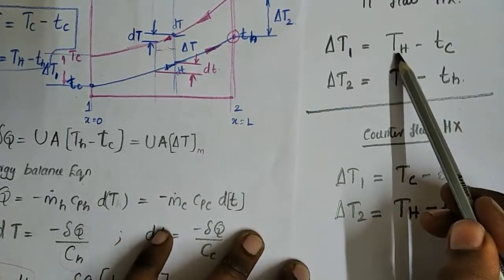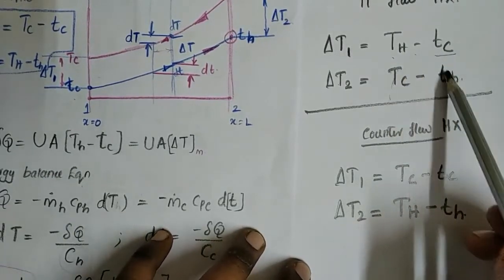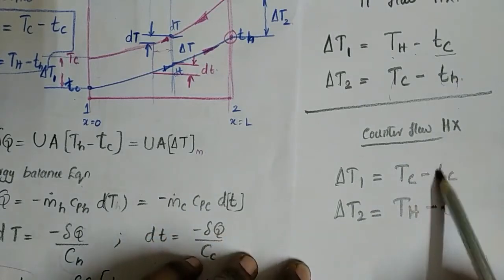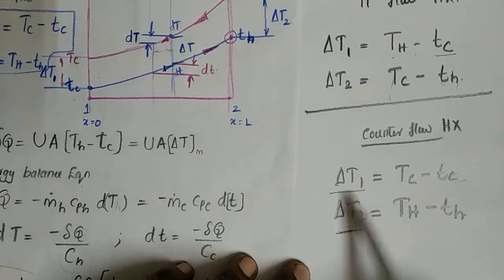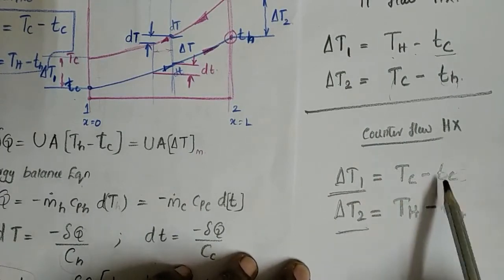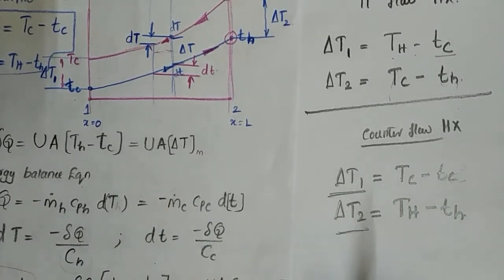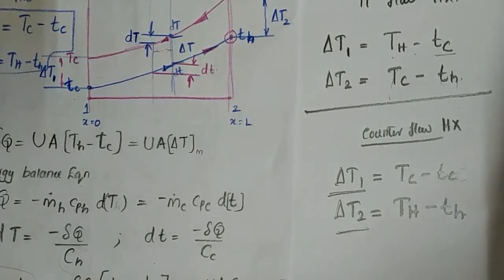Here capital Tc and small tc, and capital Th and small th. It is very, very important. This is the only variation between the counterflow and the parallel flow heat exchanger. We need to determine this very clearly.